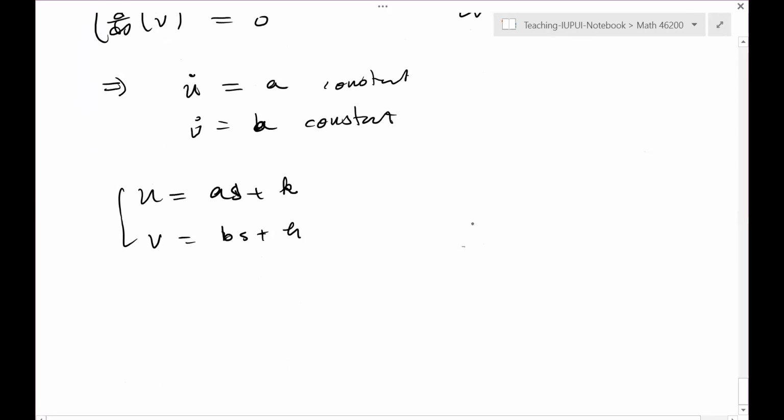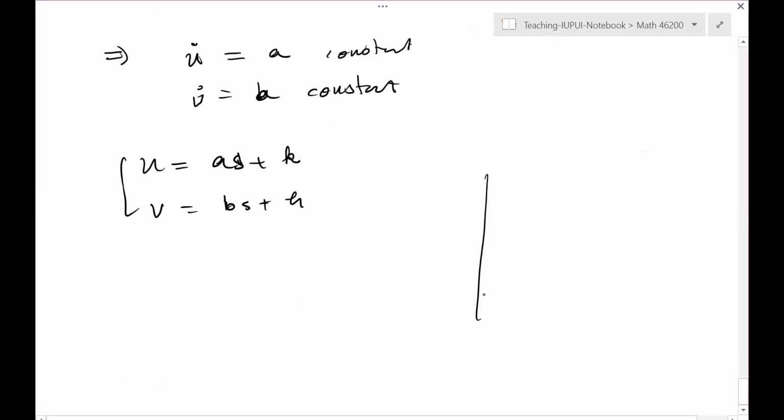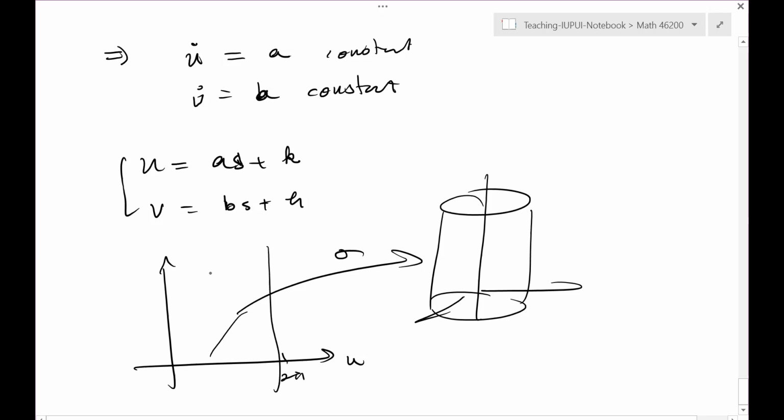But remember, this surface patch actually is a local assumption. This U I use from 0 to 2 pi, and for V there's no restriction.